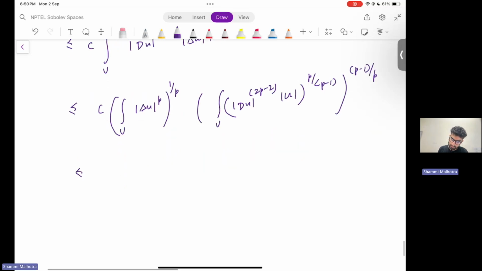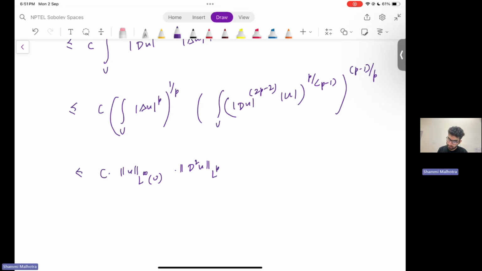This is less than or equal to some constant times the L infinity norm of u, and the LP norm of D2u.